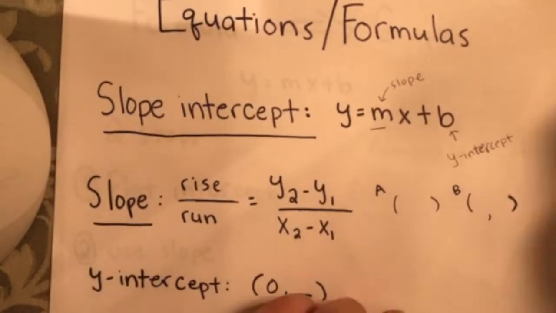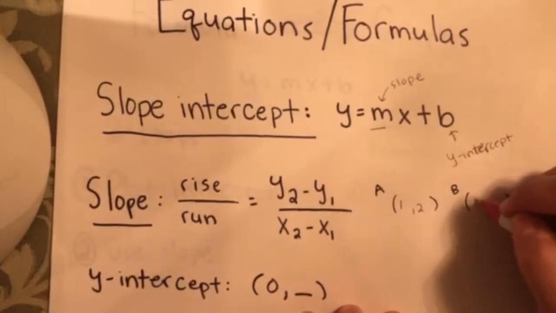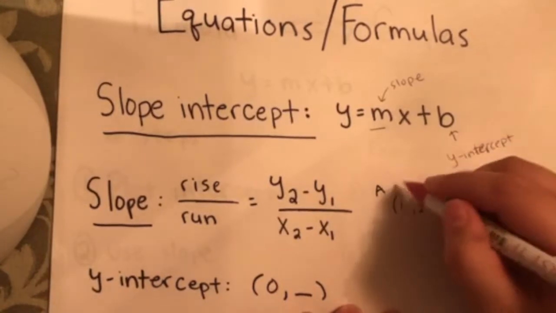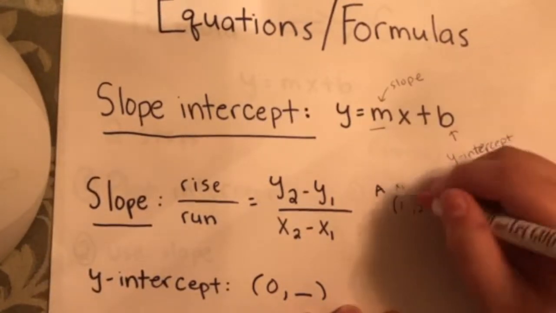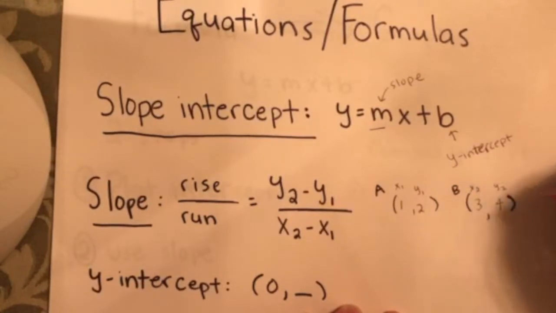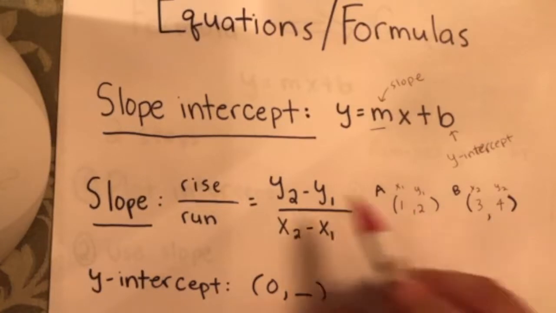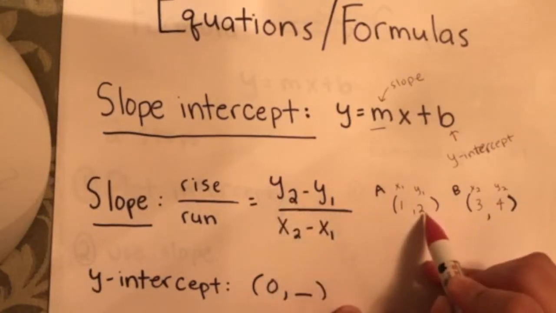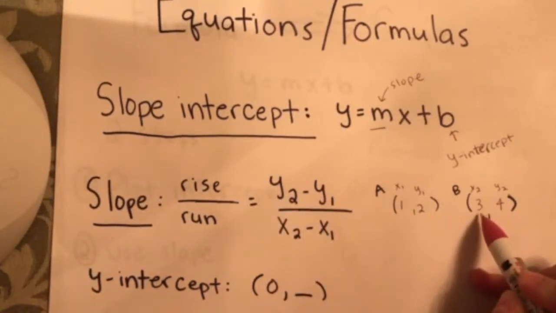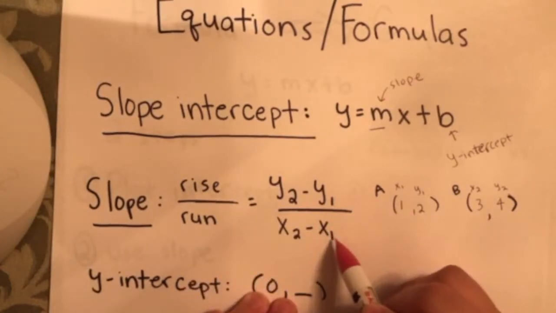Let's say the points were 1, 2, and 3, 4. We label those points x1, y1, x2, y2, and go ahead and replace them where necessary. So the 4 would go into y2, 2 to y1, 3, x2, 1, x1. Okay, that would do the formula.